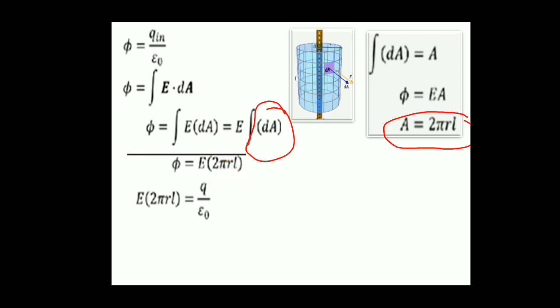Now, go to Gauss law once again. What is the mathematical form of Gauss law? Closed integral E dot dS is equal to Q by epsilon naught. So, E dot dS is E into 2 pi RL, equal to Q by epsilon naught. But my aim is what? To find the expression for electric field. But E is there, 2 pi RL. What is Q here?